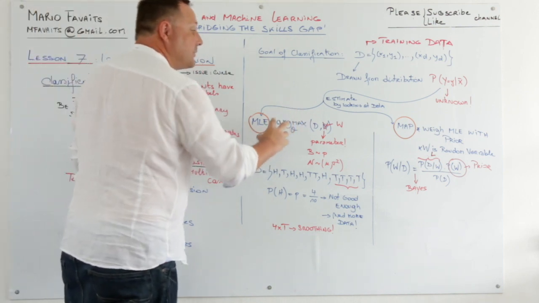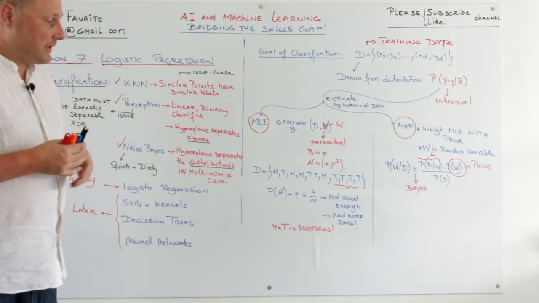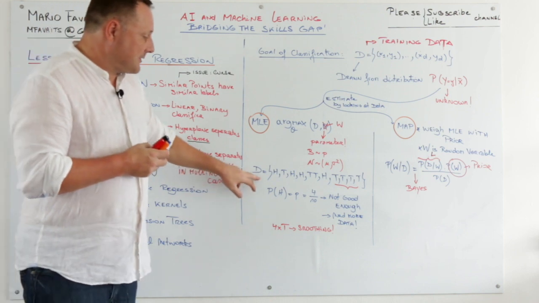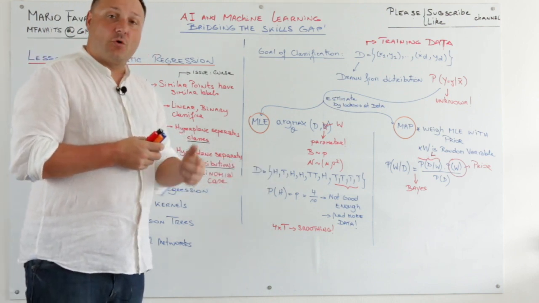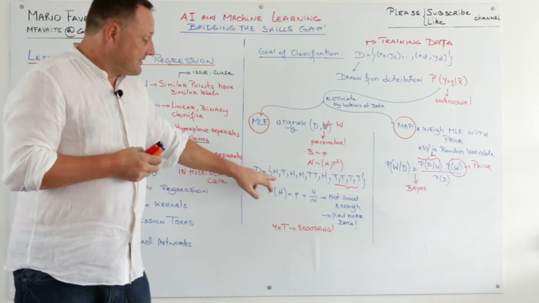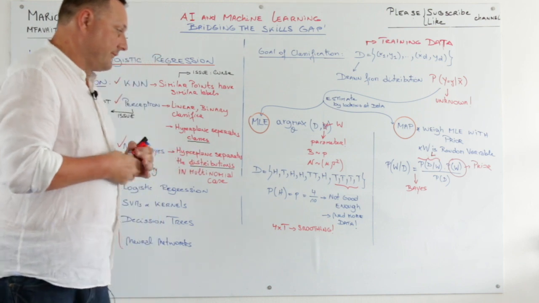What's of course the issue when you try to estimate the parameters by looking at the data? Well, I've illustrated it by giving you this data set. So these are 10 coin flips. And these are head, tail, tail, head, and then 4 times tail.